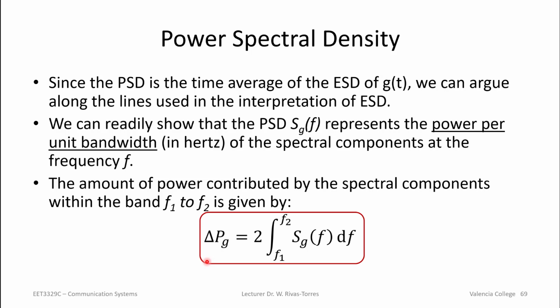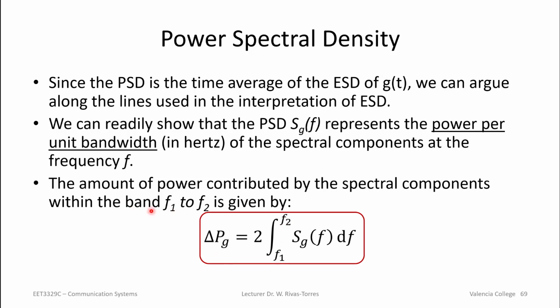We can say that power spectral density represents the power per unit bandwidth. It's a density. I already argued this with you guys: everything in here, when you talk about density, is per something. In our case, it's per hertz. So we can talk about the amount of power within a certain bandwidth, between two frequencies.